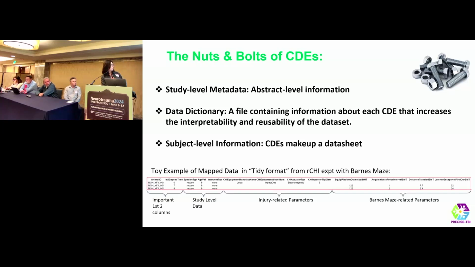This is animal ID. Each data sheet would have these anchors: animal ID and elapsed time after injury, where day 0 is injury day. The column headers in this little image of a spreadsheet are the data elements.